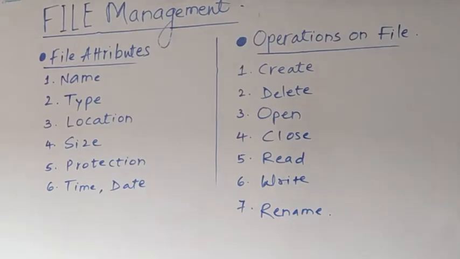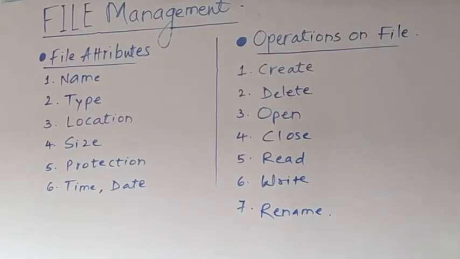After the name, the extension generally tells us about the type of the file. The name attribute can be given by the user's choice, so it can be any name of the user's choice. Now type is going to give us the information about what type of file it is.